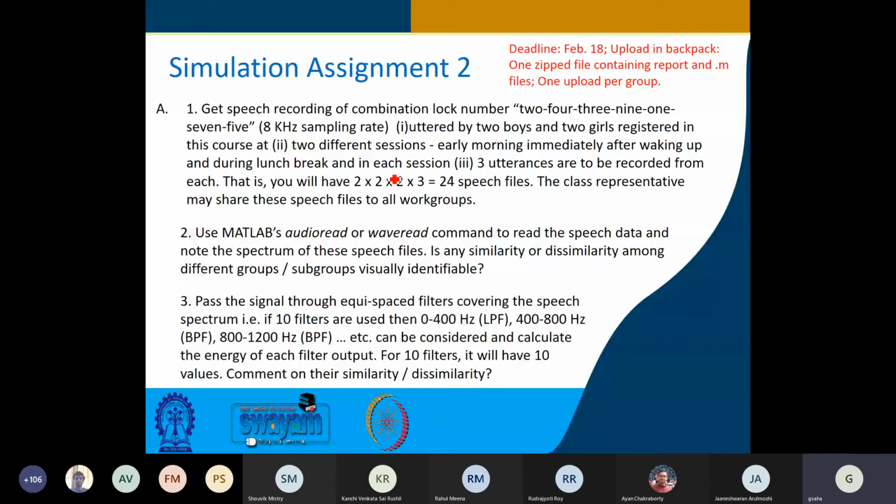So we will be having this many number of speech files, right? And somebody needs to take initiative to share these speech files to all the groups that are working on these simulation assignments. Is it clear?